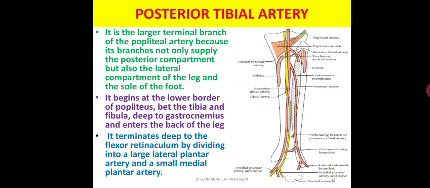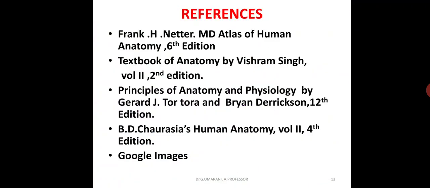It begins at the lower border of the popliteus in between the tibia and fibula and deep to the gastrocnemius, and enters into the back of the leg, and it terminates deep to the flexor retinaculum by dividing into the large lateral plantar and small medial plantar arteries. So this is a brief description of the lower limb arteries: the femoral artery, popliteal artery, anterior tibial artery, posterior tibial artery, and dorsalis pedis artery.